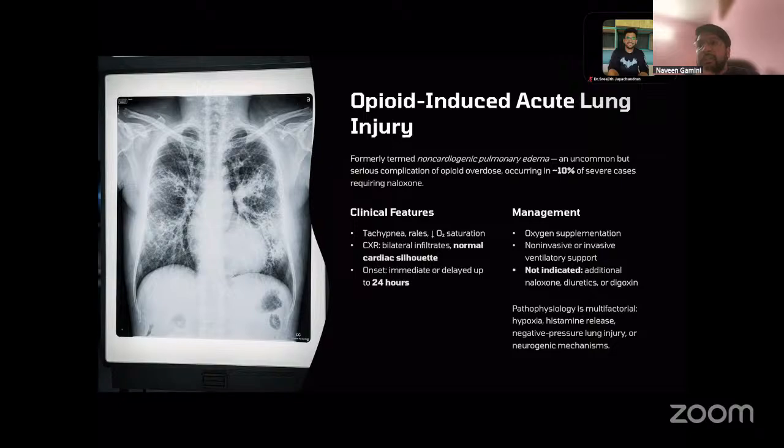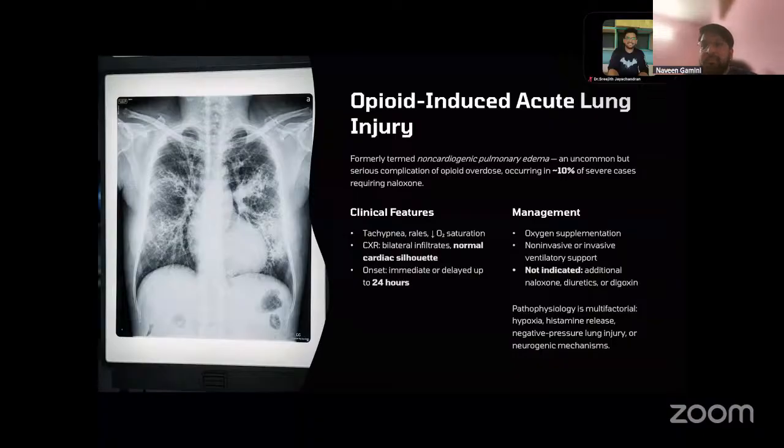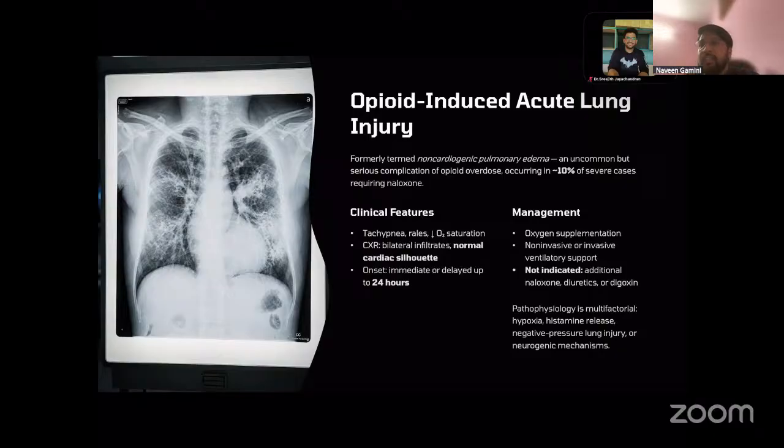So here we need to just supplement oxygen with the help of non-invasive or invasive ventilatory support. That is the primary treatment, and the onset would be immediate, or it will be seen within 24 hours. As to the pathophysiology, it is actually multifactorial. It might be because of hypoxia, or histamine release, or negative pressure lung injury, or some other neurogenic mechanisms causing this acute lung injury.